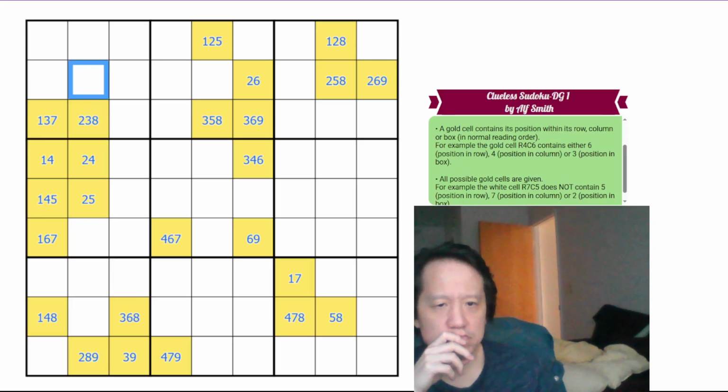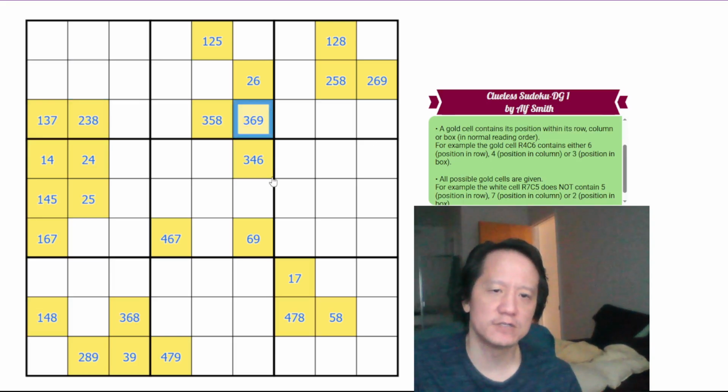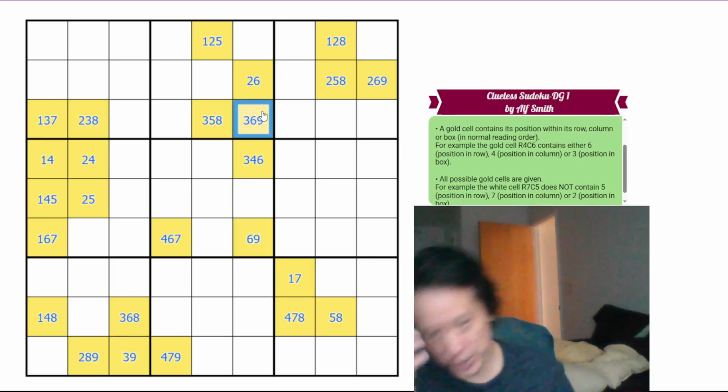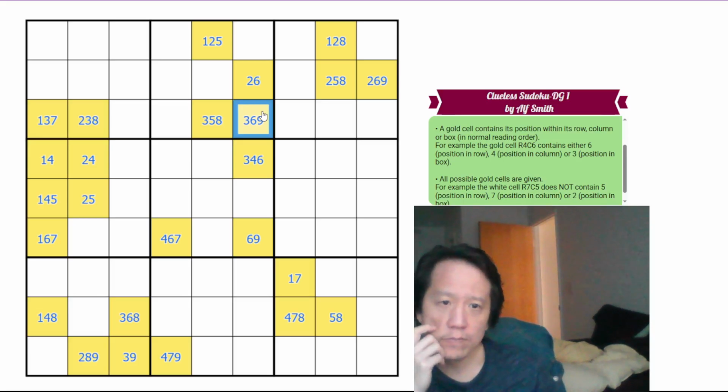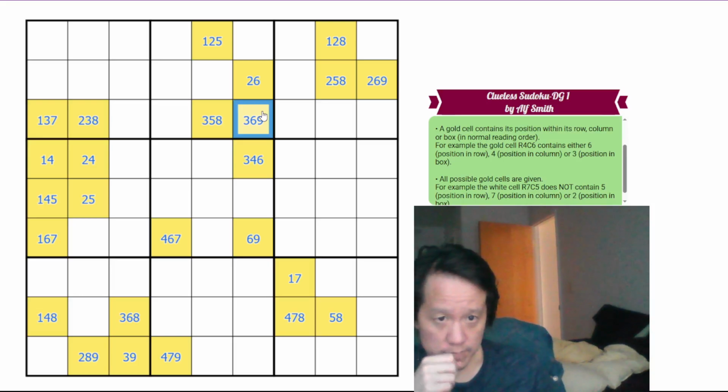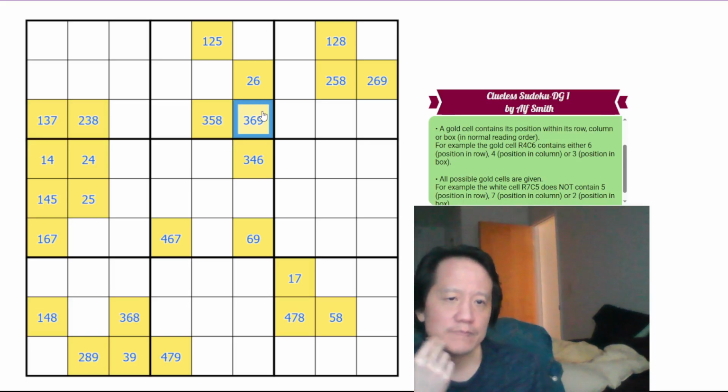We do have a 369 triplet in the lower right-hand position, in the ninth position, essentially. Does that really tell us anything? I'm not really sure.